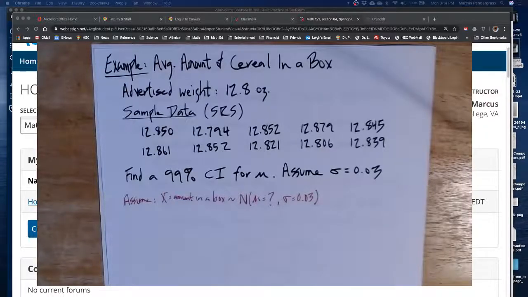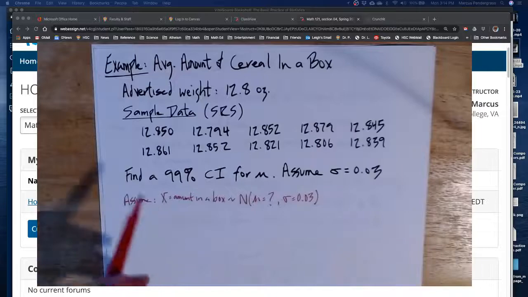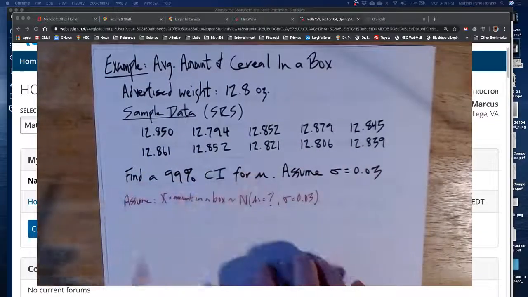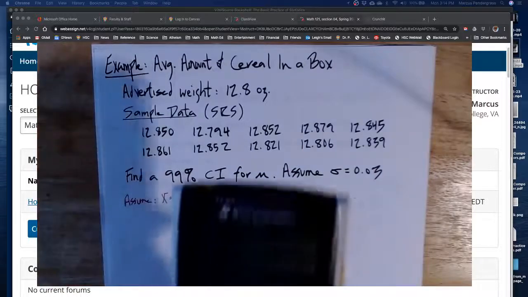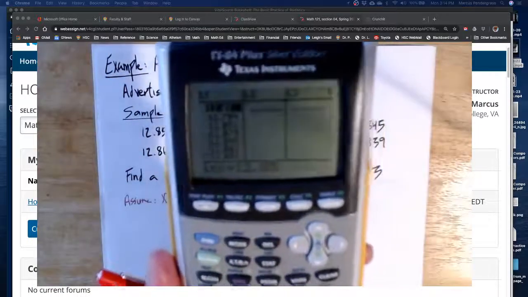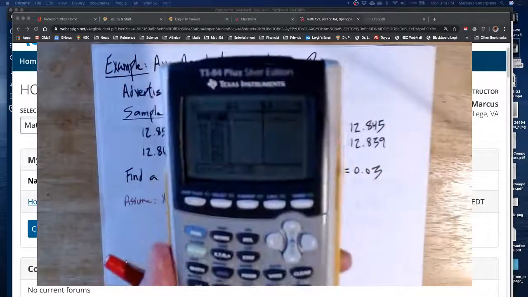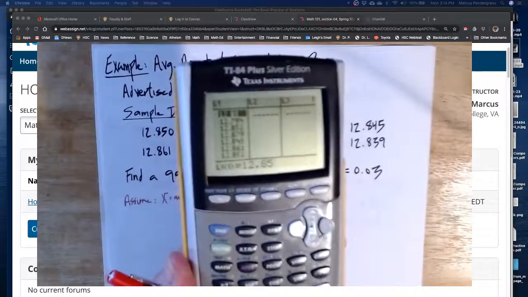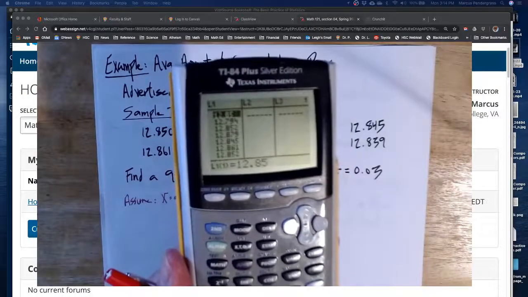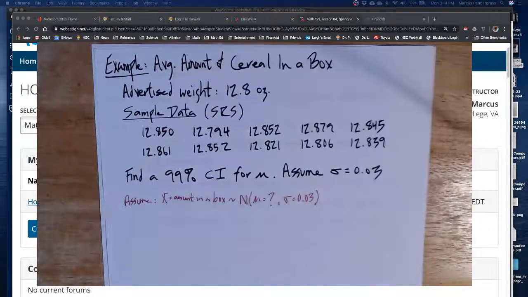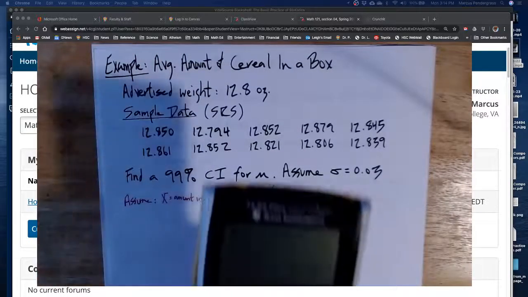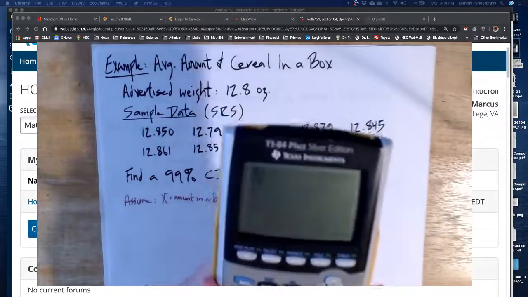So to compute the confidence interval, we simply need x bar plus or minus m, where m is the margin of error. So to compute x bar, what we need to do is just take the average of those 10 data points. I put those measurements in my calculator, and I'm going to use one variable stats to calculate that.